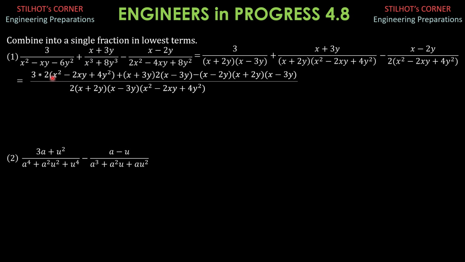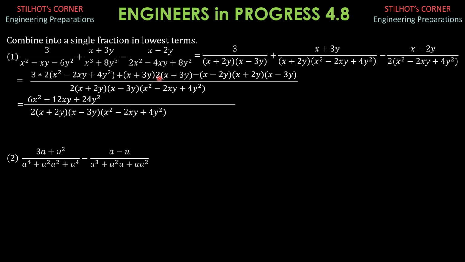So this is 6x squared, so equals, let's copy the denominator, LCD. Then let's expand. 6x squared minus 12xy, plus 6 times 4, 24y squared.